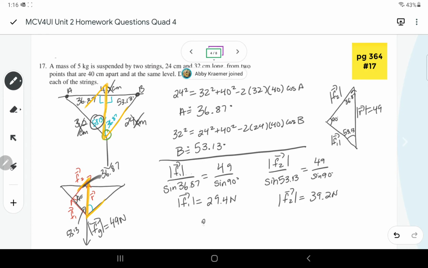So therefore the tensions are 29.4 newtons and 39.2 newtons in the strings. Remember that for tension, we do not need to reference an actual angle or direction because the tension is given the direction of the string that you're measuring it with.